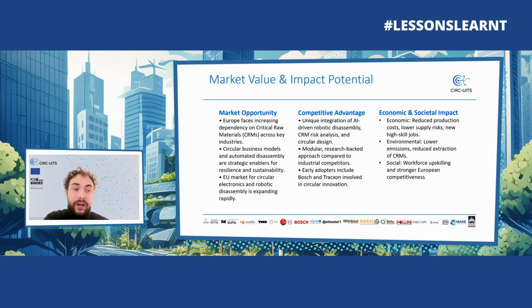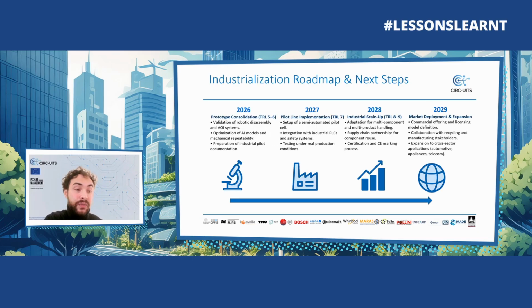For what regards our idea for an industrialization roadmap, this is what we thought could be feasible, because as I said before, this is still a pretty low TRL technology. So the idea is to have for the next year a consolidation of the prototype that we developed, reaching TRL 5.6. Then in 2027 we could try to implement the pilot line in real production conditions.